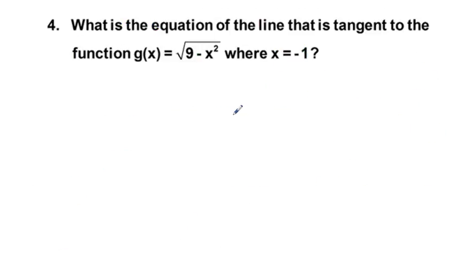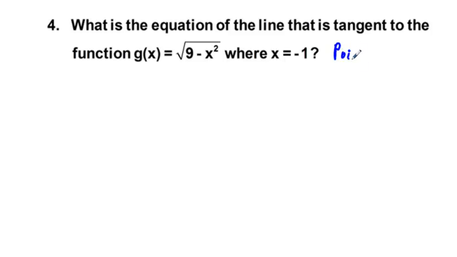4. What is the equation of the line that is tangent to the graph of the function g of x equals the square root of 9 minus x squared where x equals -1? Well, for that, first of all, we need to find a point. To find the equation, we need a point.